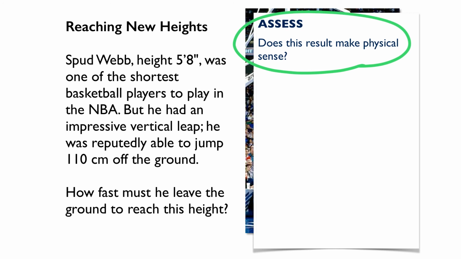So if someone's in free fall, their speed is changing by 9.8 meters per second every second. And let's call 9.8 approximately 10. So if someone left the ground moving upward at 5 meters per second, that's positive 5 meters per second. At some time later, they're going to be coming back to the ground at the same speed as they left the ground at, and that's going to be negative 5 meters per second.